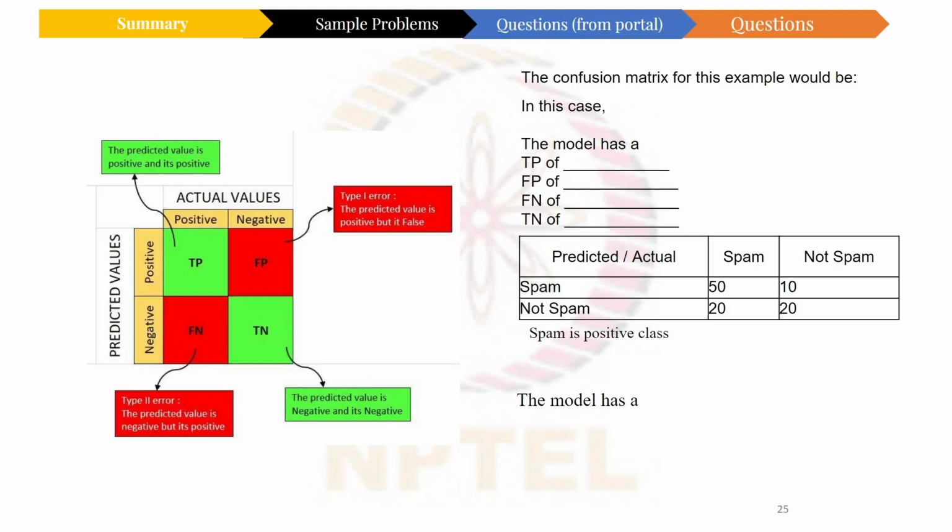False positive means the predicted value is positive but it's actually negative, that is falsely predicted as positive. False negative means the predicted value is negative but it is positive, that is falsely predicted as negative. True negatives are when the predicted value is negative and its actual value is also negative.